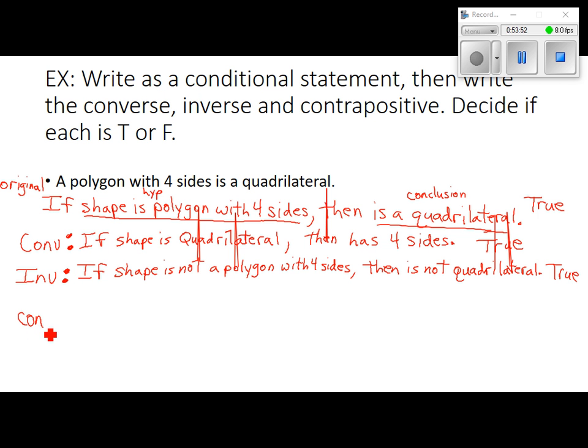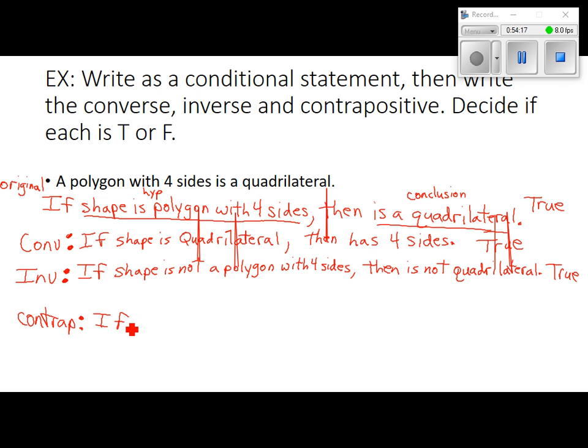What's the last one we got to write? Contrapositive. I didn't even try, so. What's the contrapositive do? Look back at your notes. What's it do to the statement? It flips both things, switches and negates. So it negates it and it switches them around, right? So what's it gonna say?